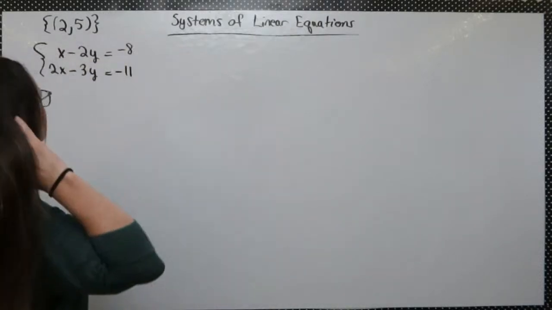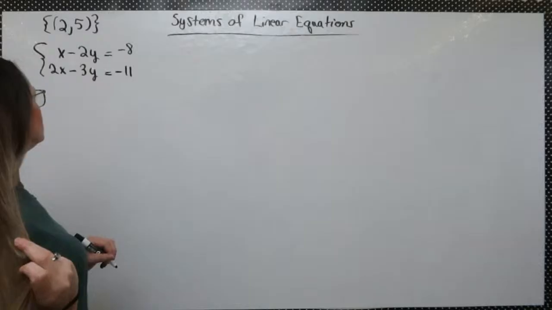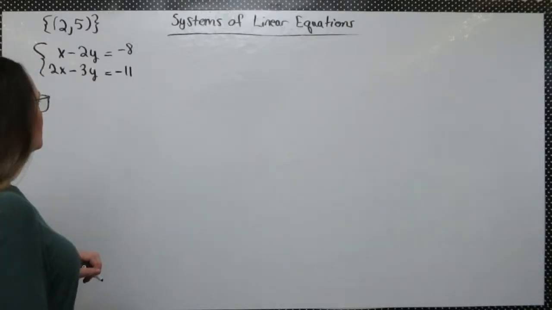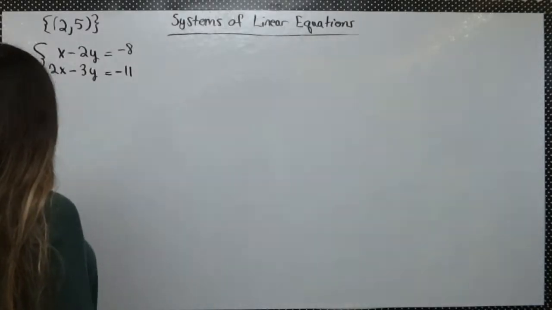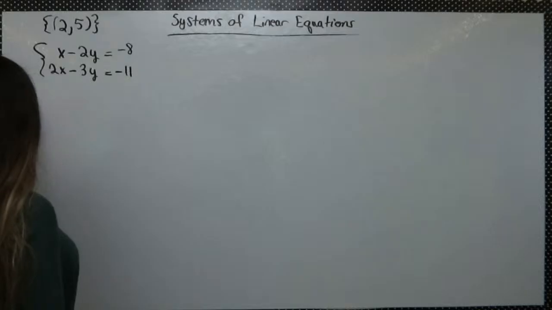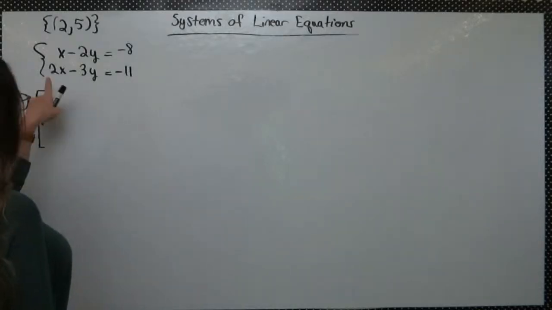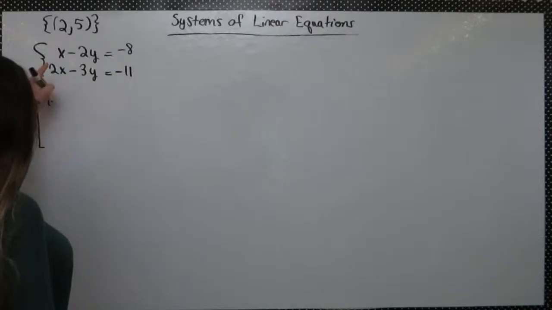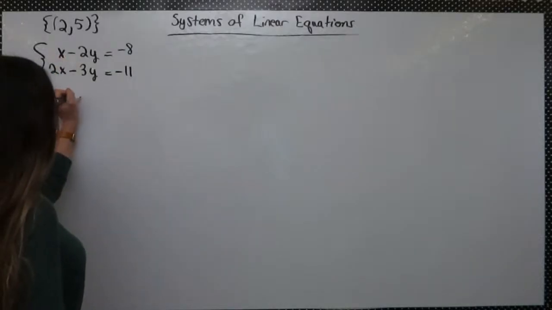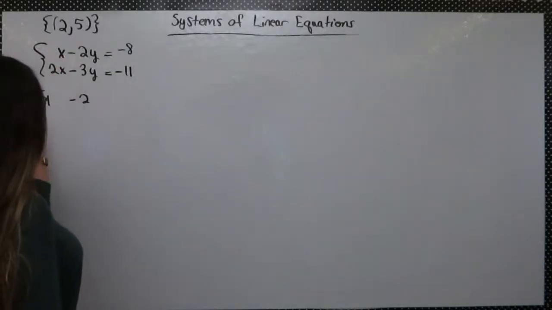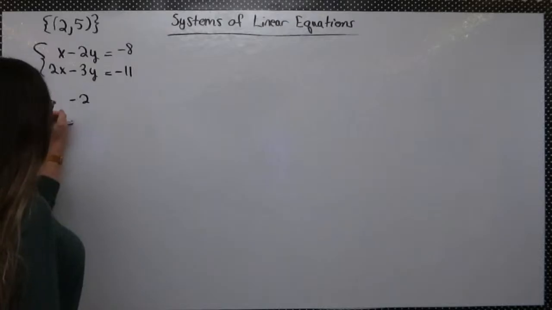So we're going to use Gauss-Jordan elimination, and according to this method, we're going to call a matrix and just list the coefficients. We've got 1, -2, 2, -3.